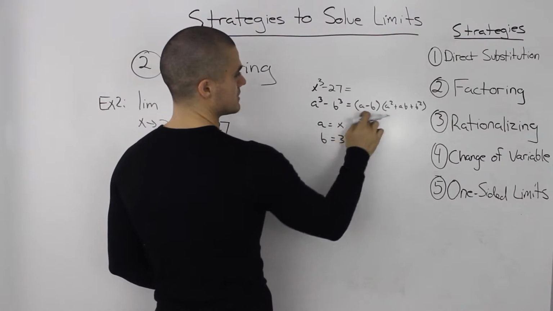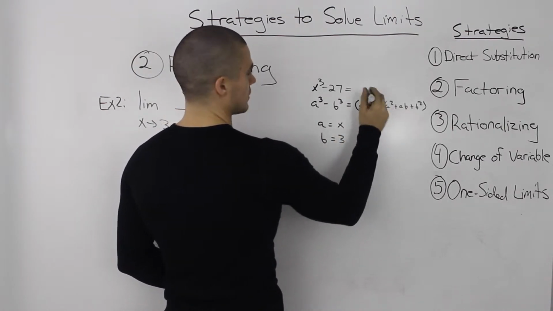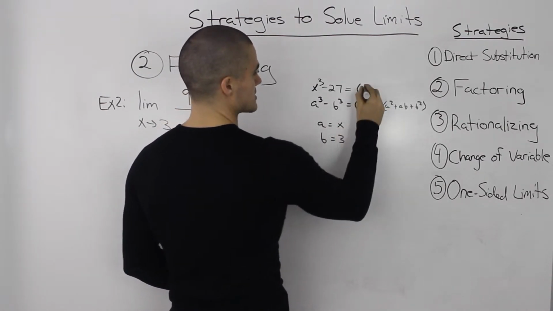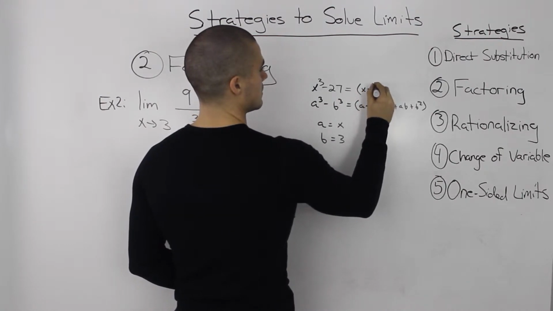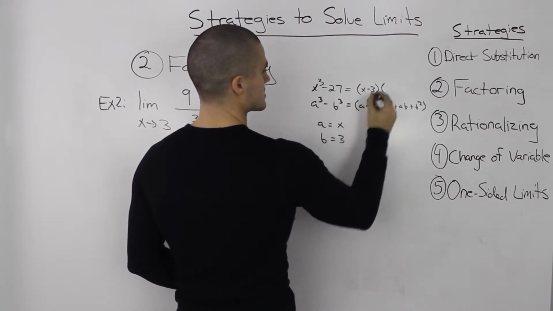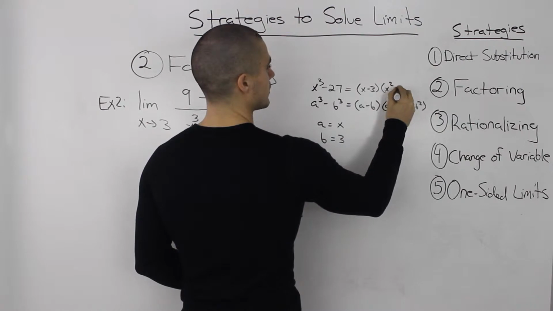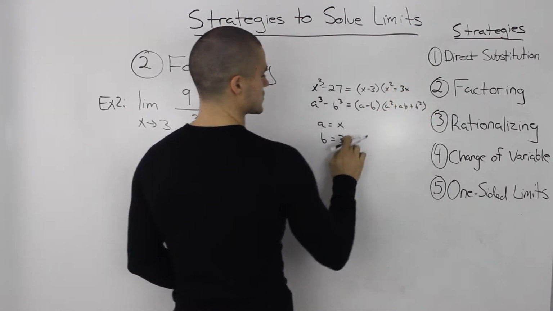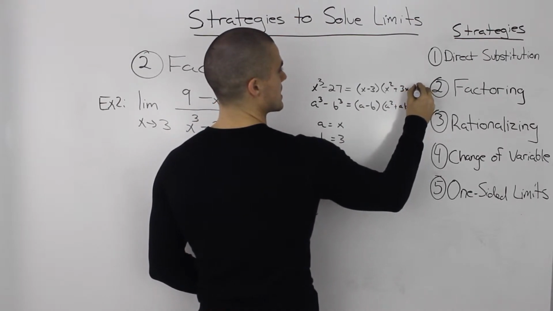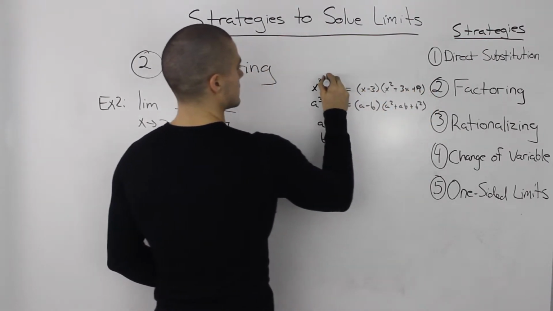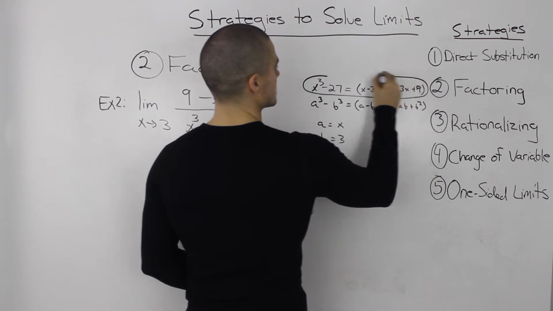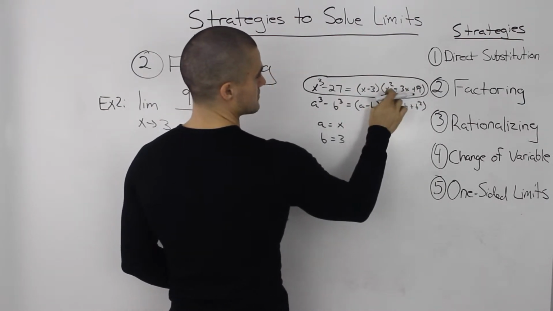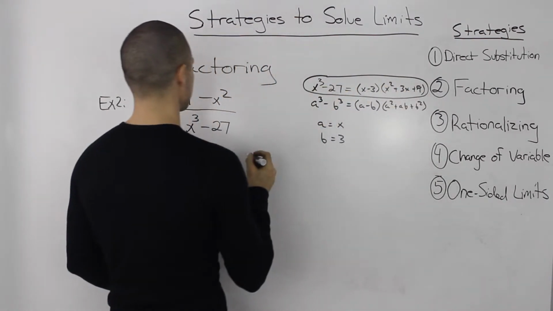And then we just plug these numbers into the formula. So a minus b is x minus 3. A squared is x squared, plus ab is 3x. And then b squared is 3 squared, which is just 9. So x cubed minus 27 is equal to x minus 3 times x squared plus 3x plus 9.